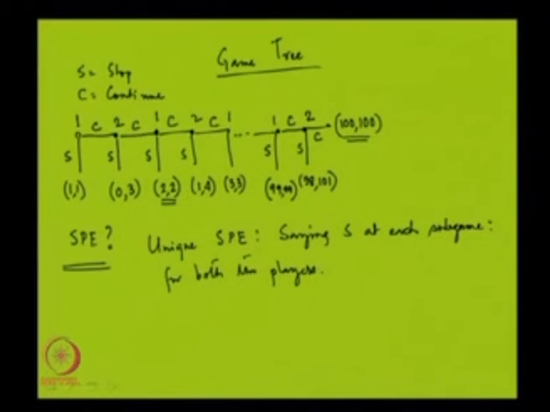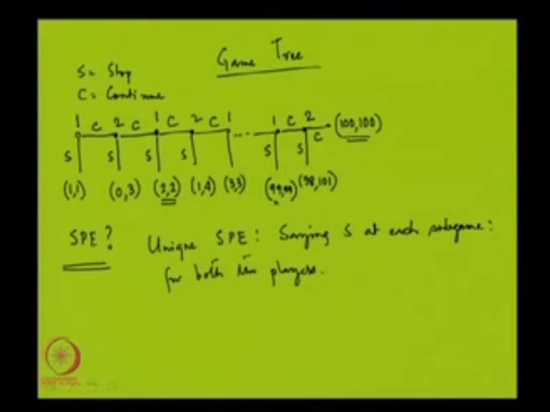Why is this so? Because again I can go back from the end of the game. At the end of the game, player 2 has to choose between 101 and 100, and definitely he will stop at 101, which is more than 100. And given that player 2 is going to stop at 101, which gives player 1 98, there is no reason for player 1 to continue at this stage, because he is getting 99 here.